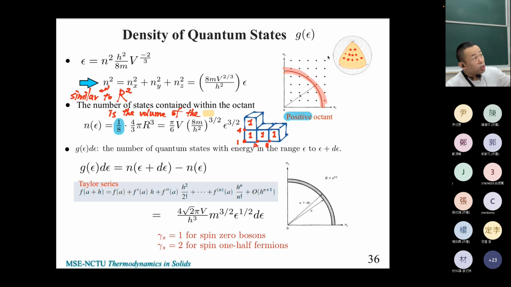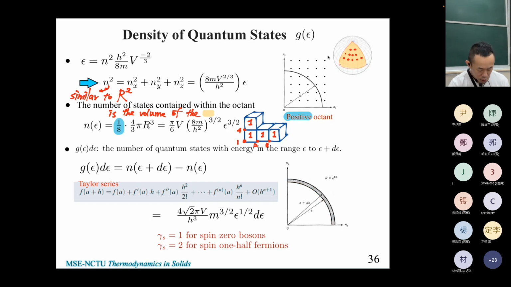When the shell of the sphere crosses a point, it means that that point is suitable for that energy. So when we talk about g for a specific epsilon, we are talking about how many numbers are available in that shell.